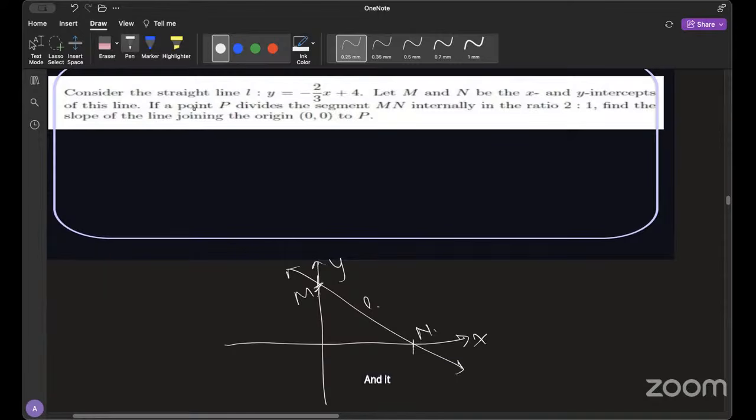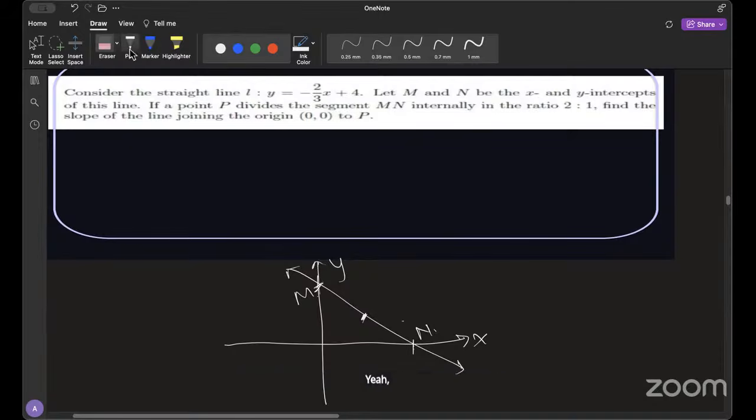And it says if point P divides the line segment mn internally in the ratio 2:1, then you have to take a point P. Let's take this point P. It divides this line mn in the ratio 2:1. Ma'am, we should mention m on the x-intercept, no?